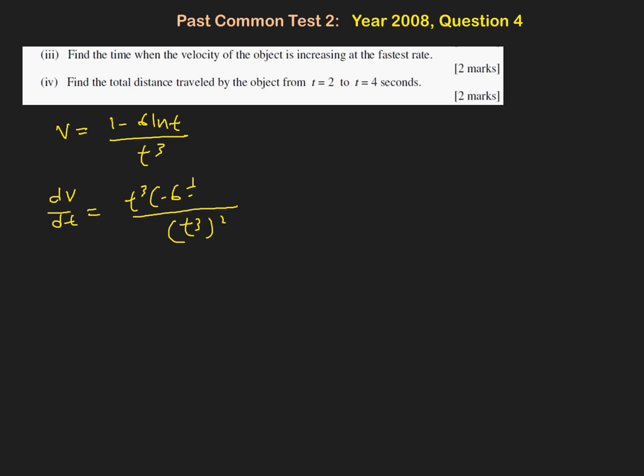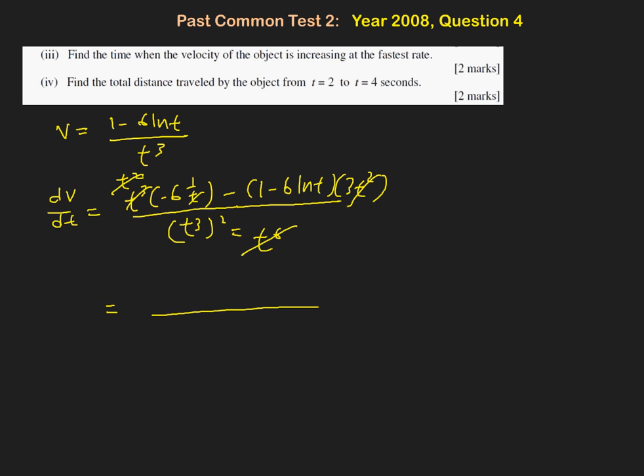Okay. More space here. 3t squared. Now I can simplify this again. It's t squared, and this is actually t to the power of 6, and a common factor. Minus 6, and if I expand this, we get minus 3 and plus 18 ln t, over t to the power of 9.